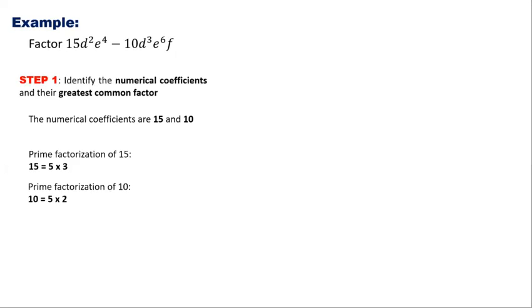Next, prime factorization of 10, we have 10 is equal to 5 times 2. So therefore, by just looking at the prime factors of 10 and 15, their common factor is 5. So therefore, the greatest common factor or the GCF is 5.